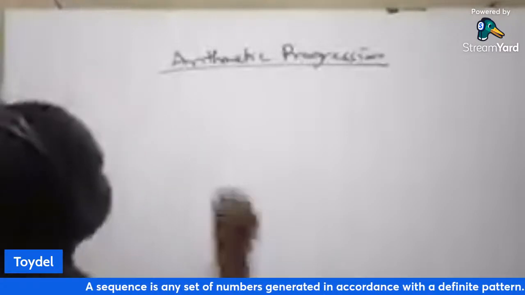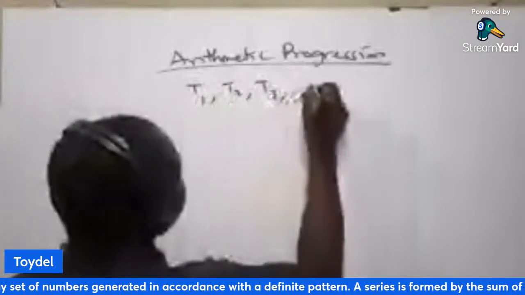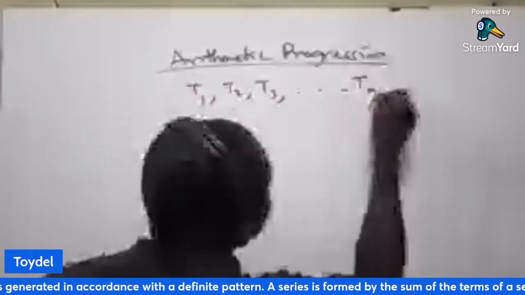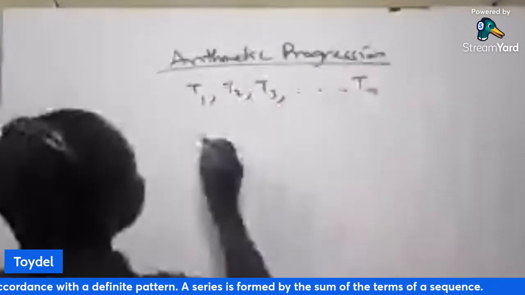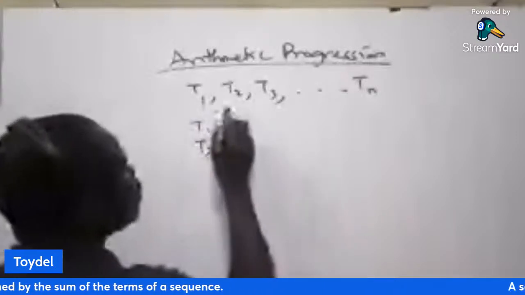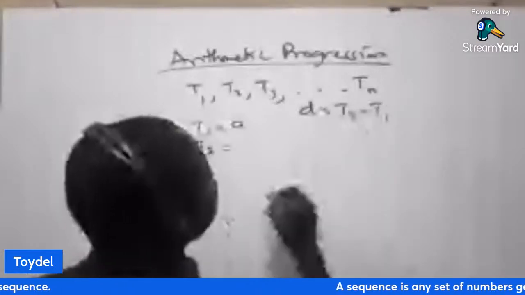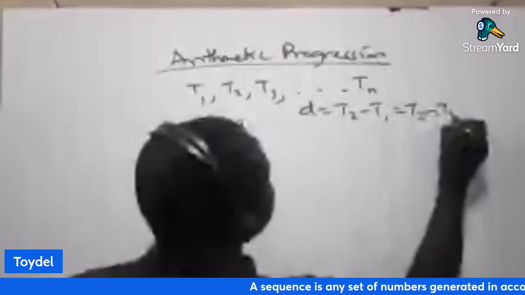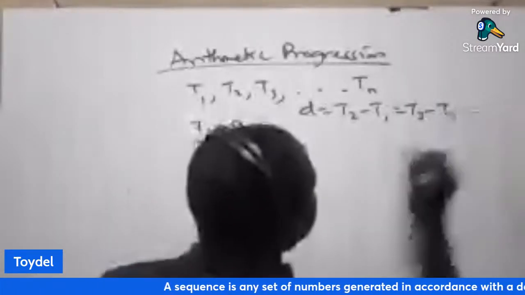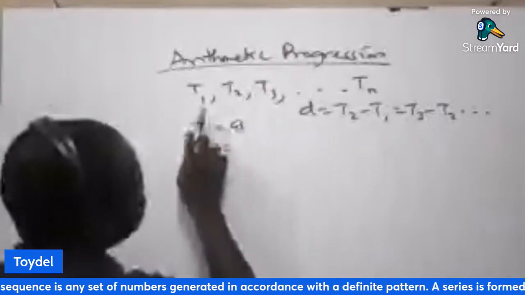In arithmetic progression, let's say this is T1, T2, T3, dot dot dot, up to Tn, the last term. The first term is denoted as A. The common difference is equal to T2 minus T1, or T3 minus T2, in that order. The first term is denoted as A, which is T1.